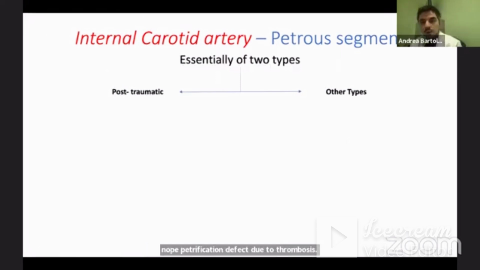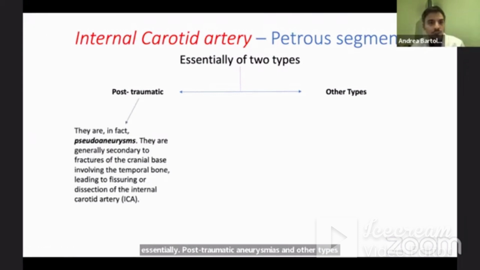Petrous segment aneurysms can be of two types, essentially, post-traumatic aneurysms and other types of aneurysms. Post-traumatic aneurysms are, in most cases, pseudoaneurysms. They are generally secondary to fracture of the cranial base involving the temporal bone, leading to fissuring or dissection of the internal carotid artery.